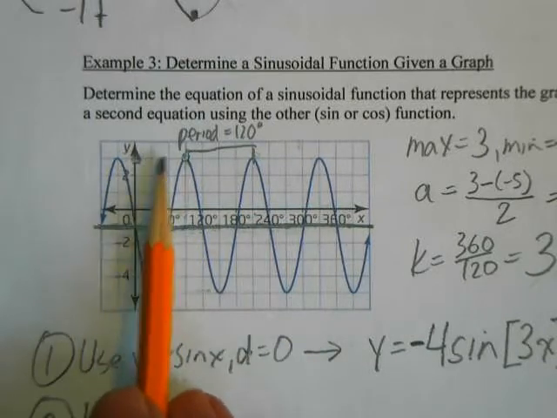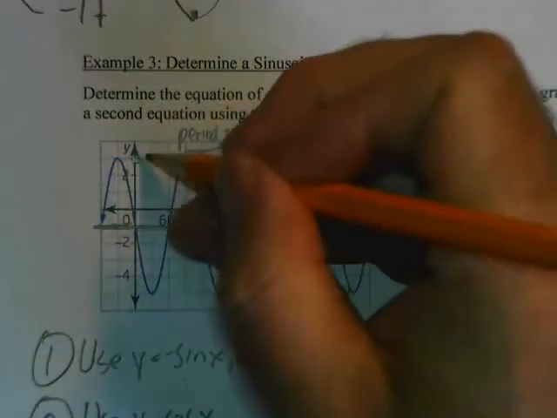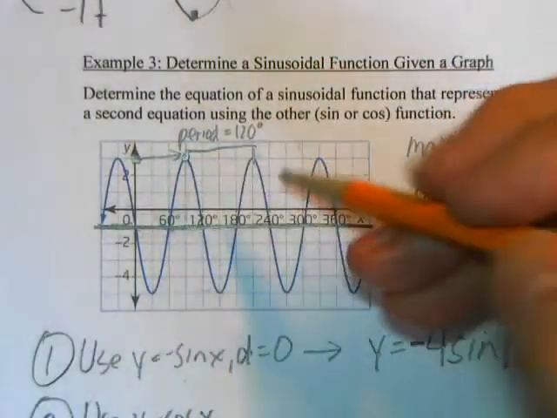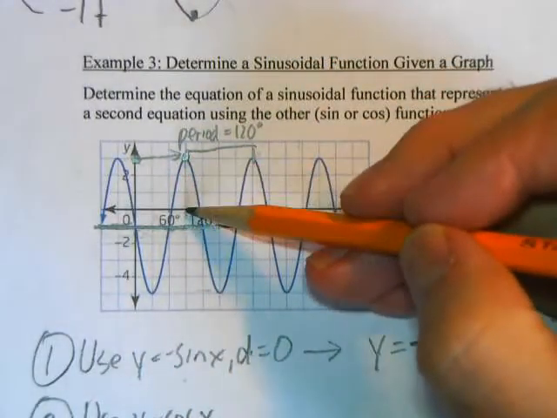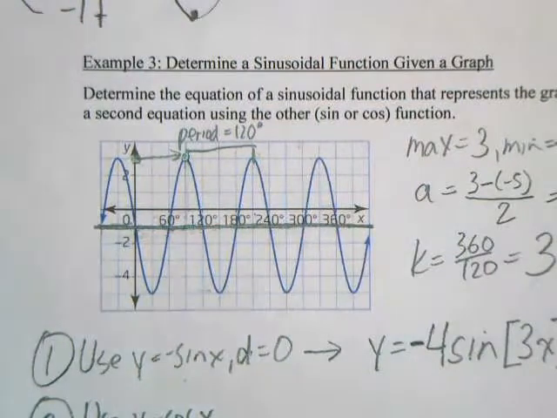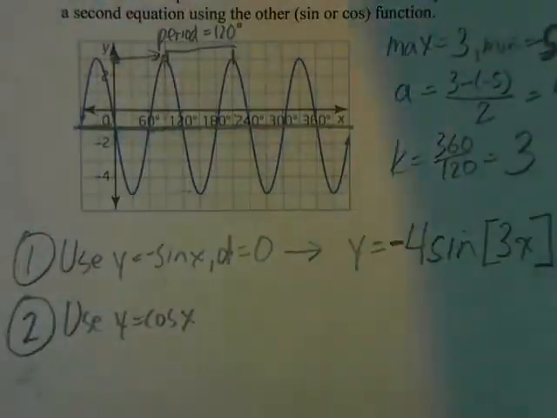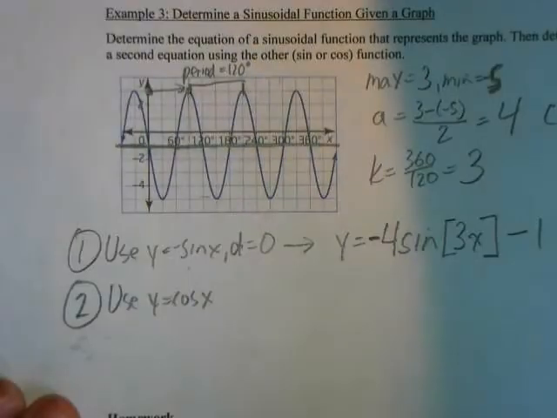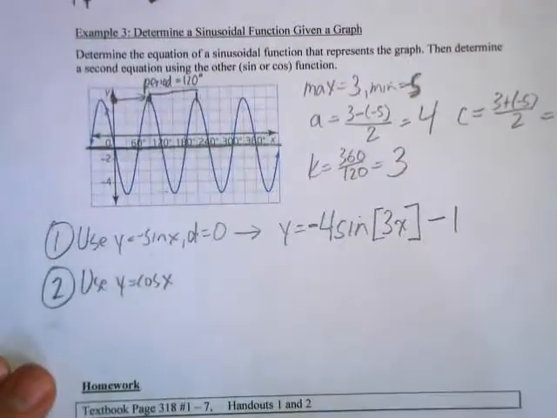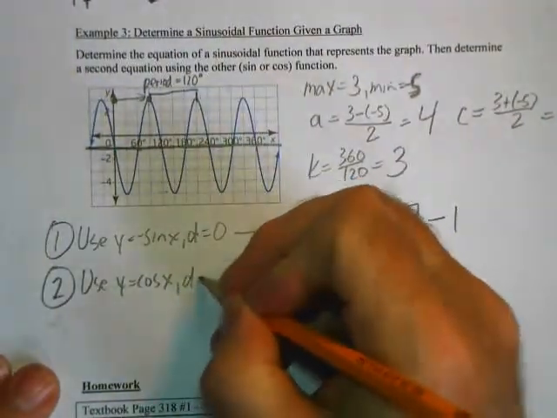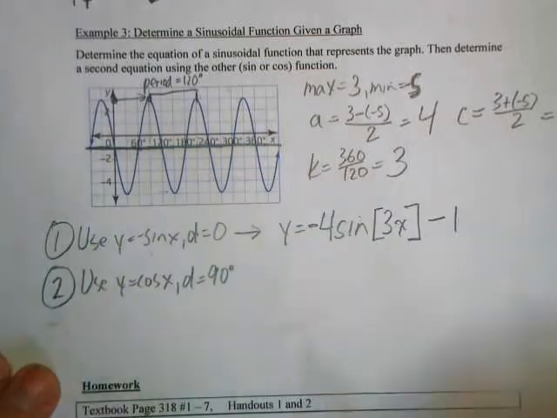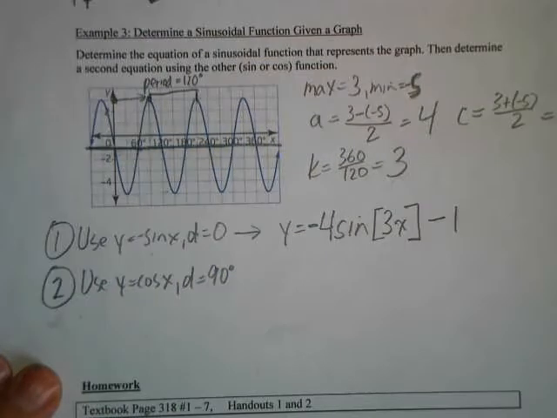Well, I have to phase shift it from here to here. How many degrees is that? That's 90 degrees to the right. So that means, zoom back out, that my d value will be 90 degrees to the right, which is positive 90.